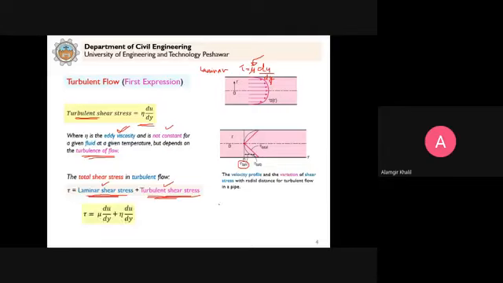So we can write down the total shear stress as the sum of laminar shear stress plus the turbulent shear stress. And we can also write down the equation in this form, where epsilon is known as the kinematic eddy viscosity. So this is the first expression that we can represent the shear stress in case of turbulent flow.